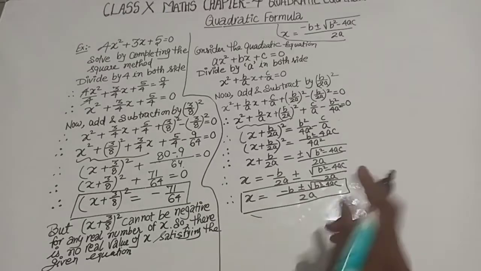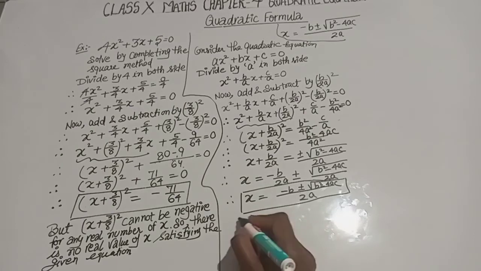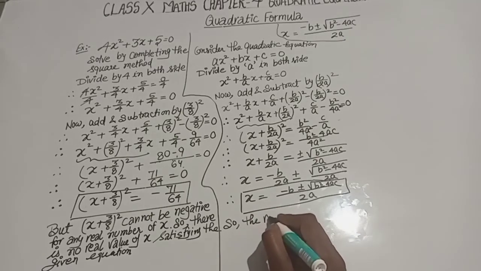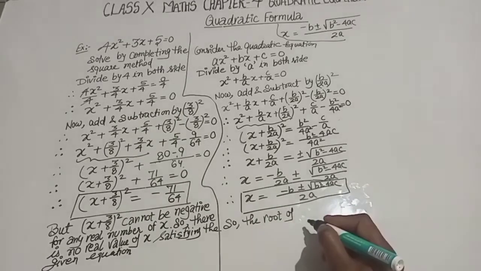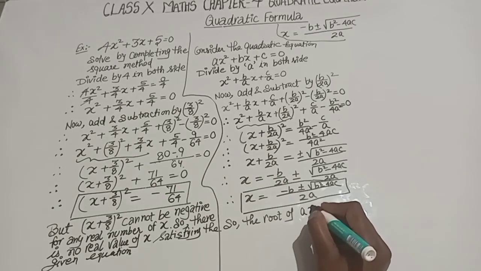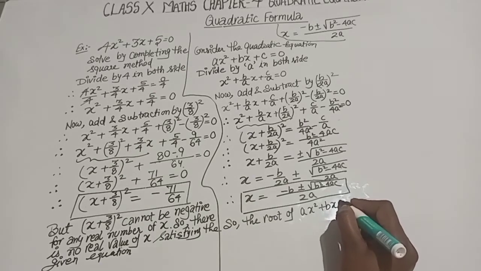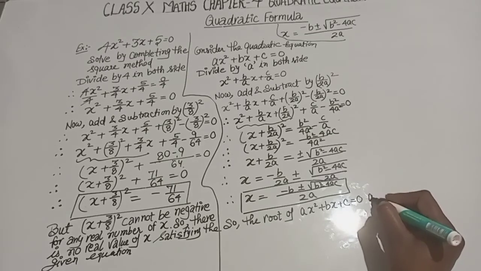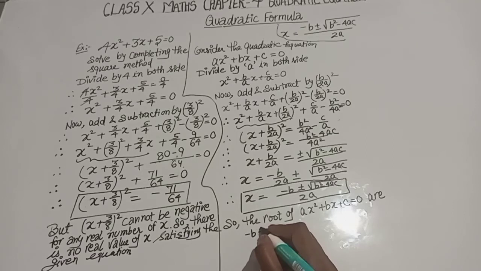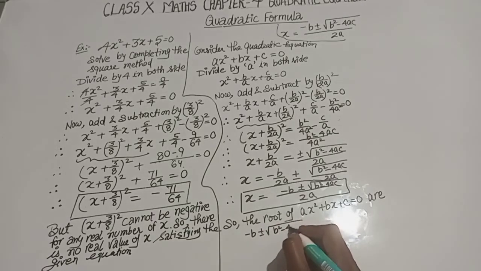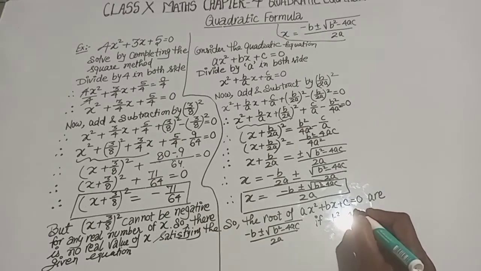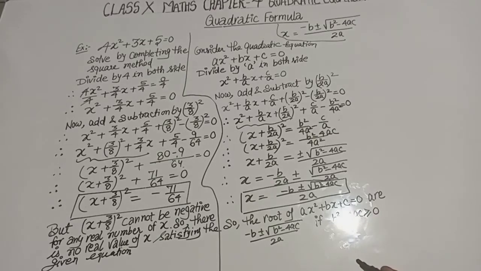Okay, so the roots of ax square plus bx plus c is equal to 0 are minus b plus minus under root b square minus 4ac upon 2a, if b square minus 4ac is greater than or equal to 0.